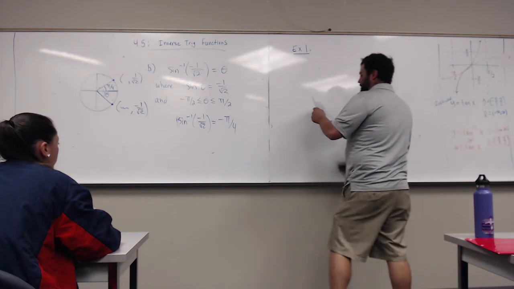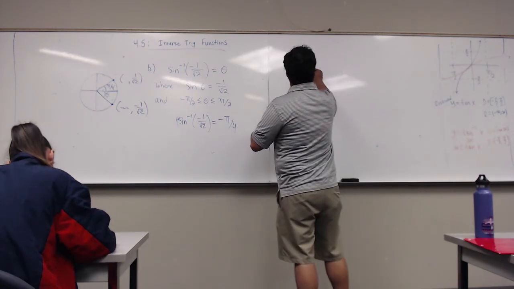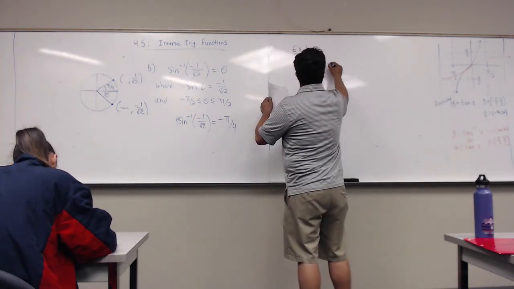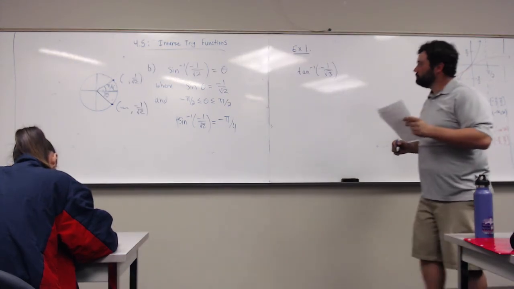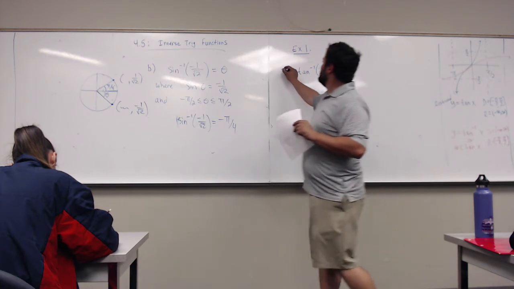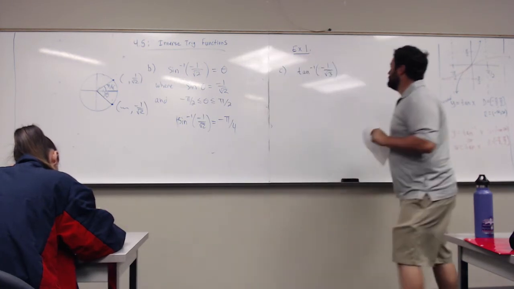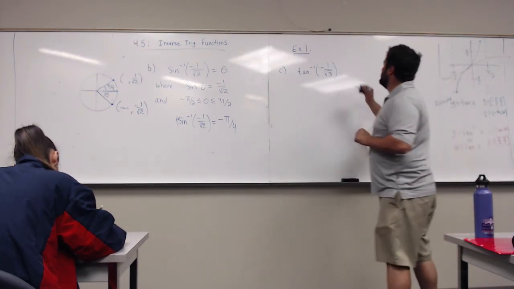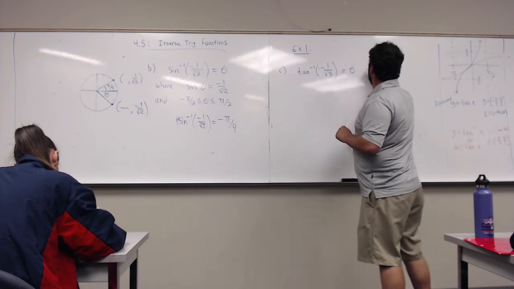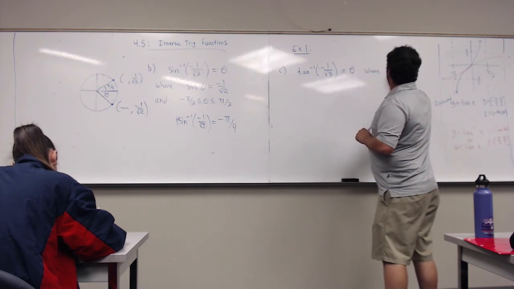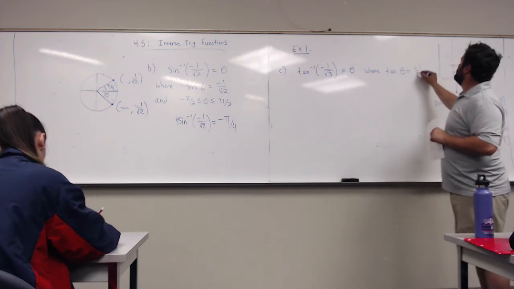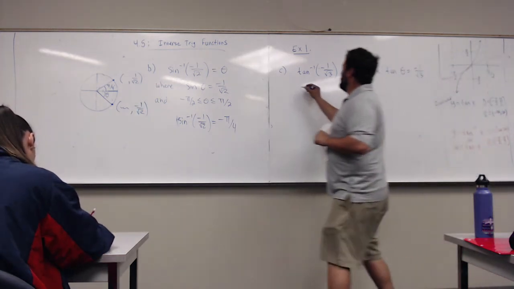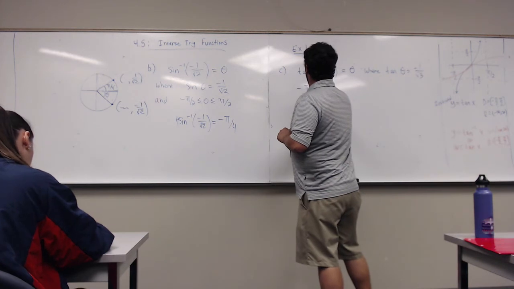So help me out with this one. What about where tangent inverse is negative 1 over root 3? That's part C. Okay. So this equals the angle theta where, when you plug that angle into tangent, you get minus 1 over root 3. But again, remember the range of arctan.